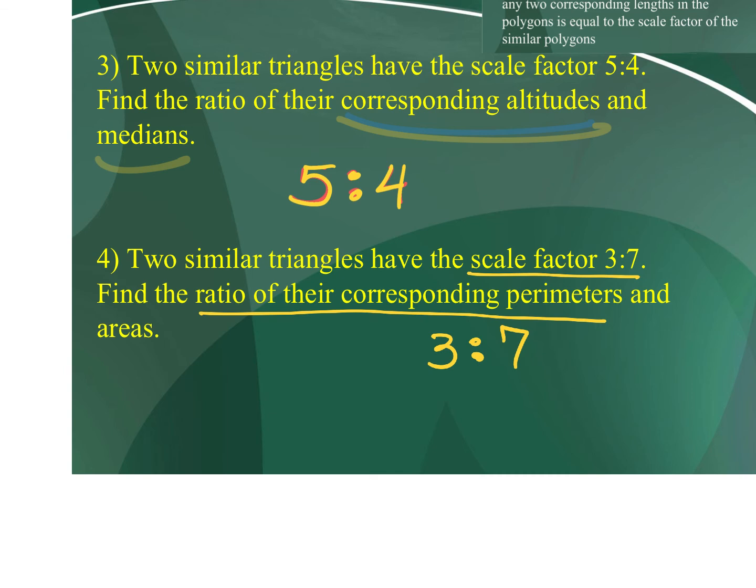However, for the area, this is where we're going to take that scale factor and square it. So for the area, I'm going to do 3 squared to 7 squared, which gives me 9 to 49. And that will be the ratio for the area. So that's it for the warm-up.